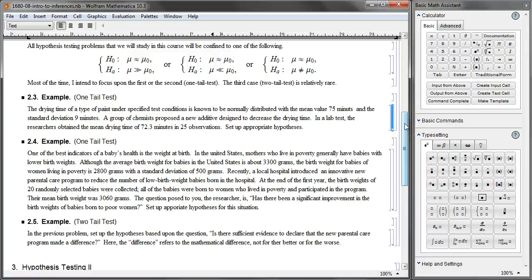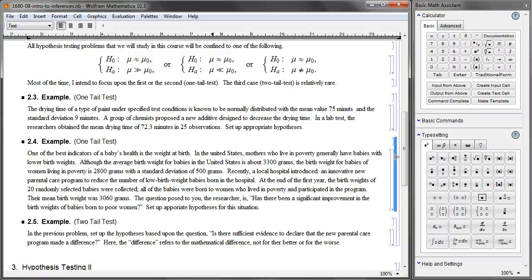2.4. One of the best indicators of a baby's health is the weight at birth. In the United States, mothers who live in poverty generally have babies with lower birth weights. Although the average birth weight for babies in the United States is about 3,300 grams, the birth weight for babies of women living in poverty is 2,800 grams with a standard deviation of 500 grams.